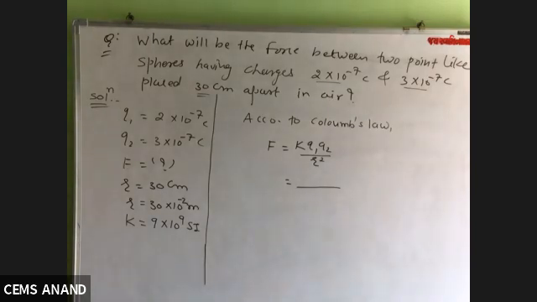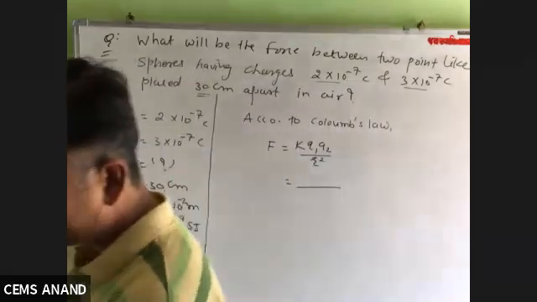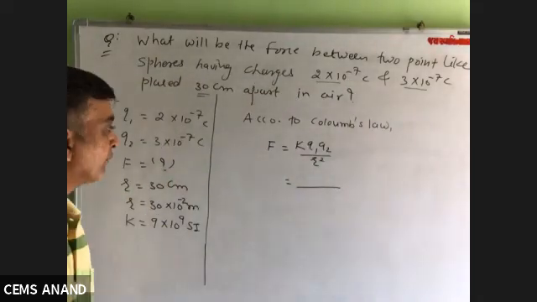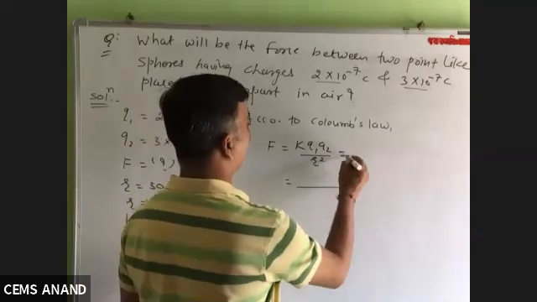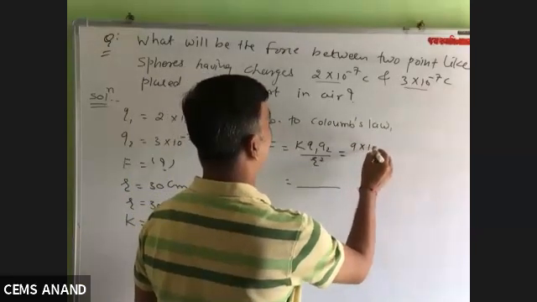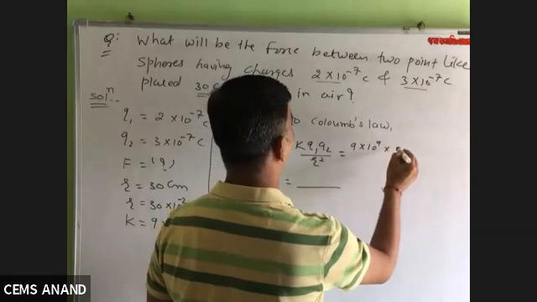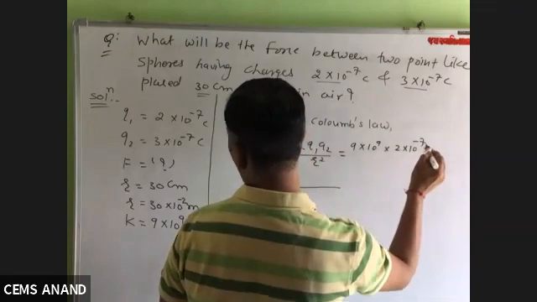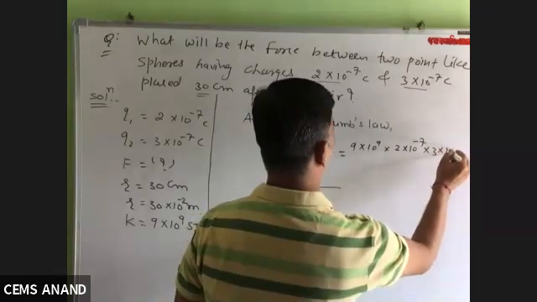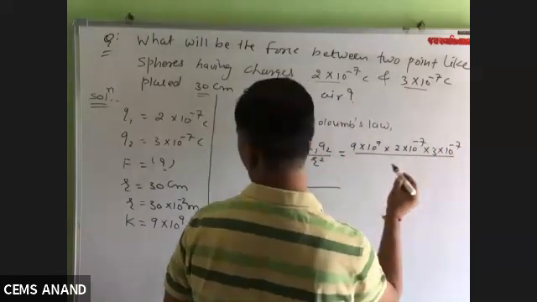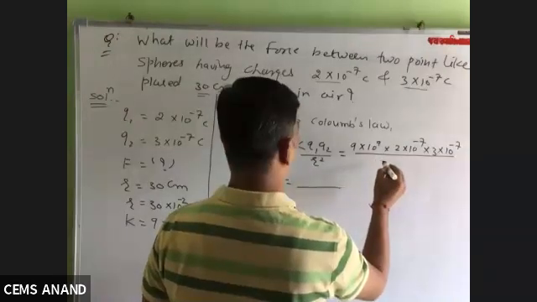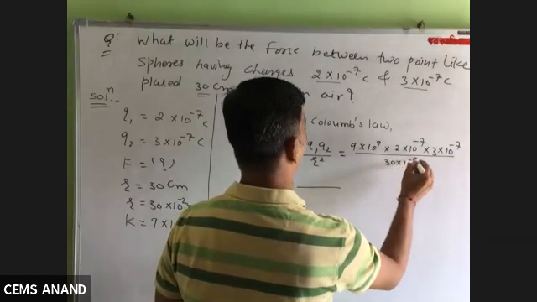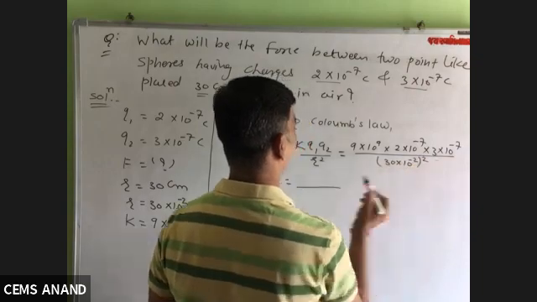So please raise your hands if you have your answer. You are ready with your answers now. The data used are 9 into 10 raised to 9 into 2 into 10 raised to minus 7 into 3 into 10 raised to minus 7 divided by 30 into 10 raised to minus 2 whole square.